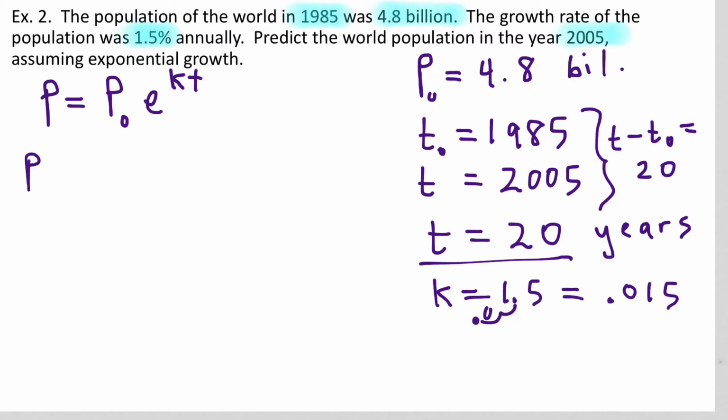So P is equal to 4.8 times e to the 0.015 times 20. All of the values are known on the right-hand side, so we don't have to take the natural log. You can just type that whole thing in and get out a P.